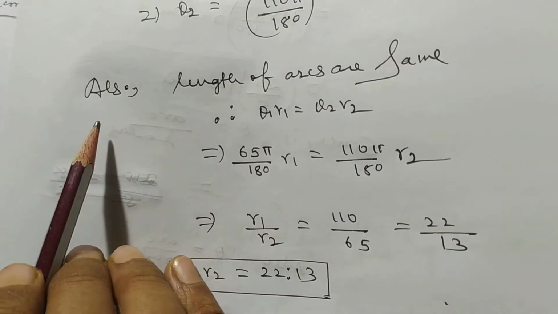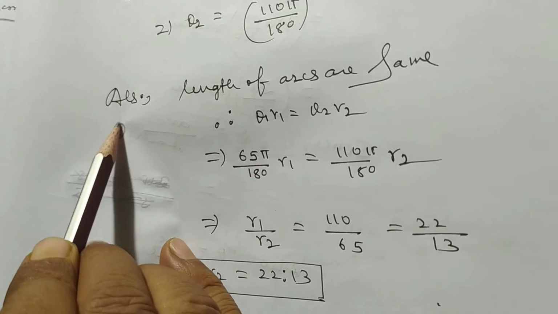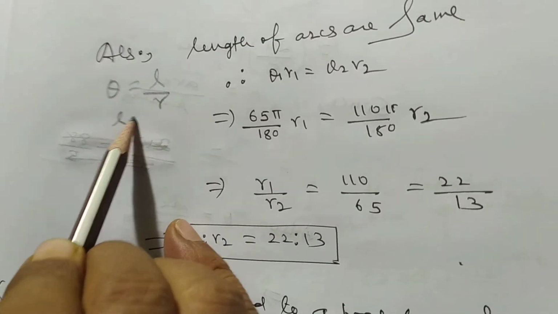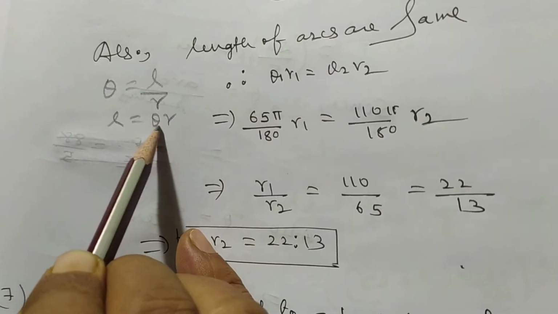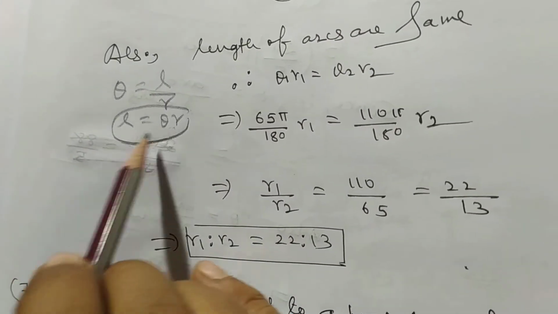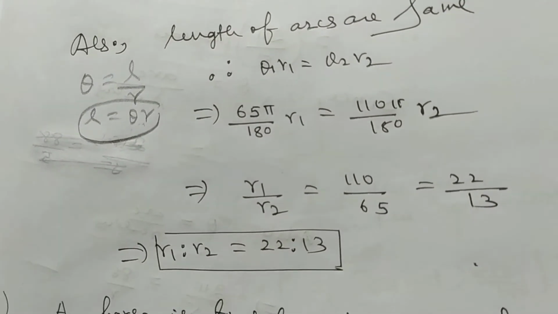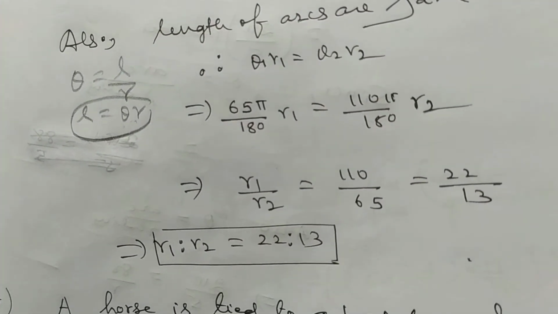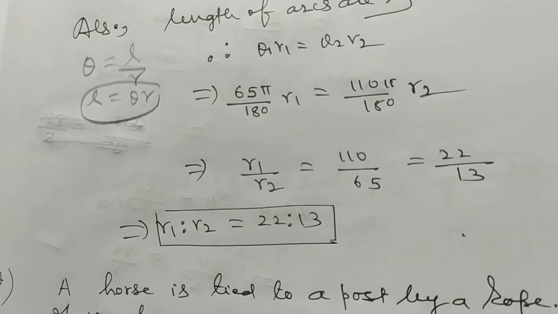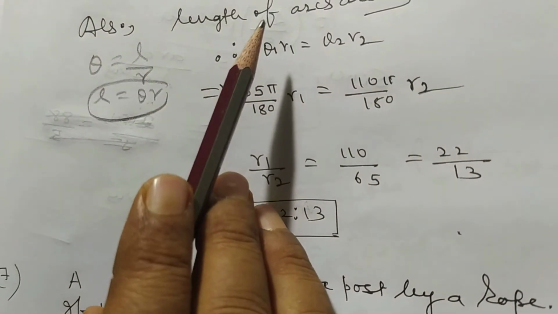Now from the formula we know that theta is equal to L by R. So L is equal to theta into R, and theta must be measured in terms of radian, which is very, very important. Then we apply this formula. That's why we converted degree into radian.